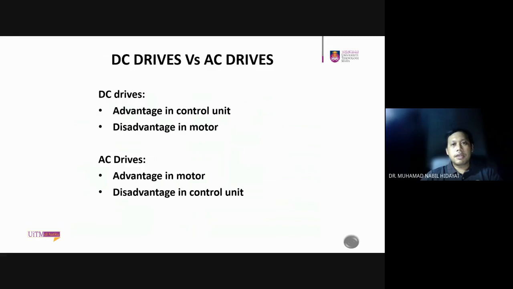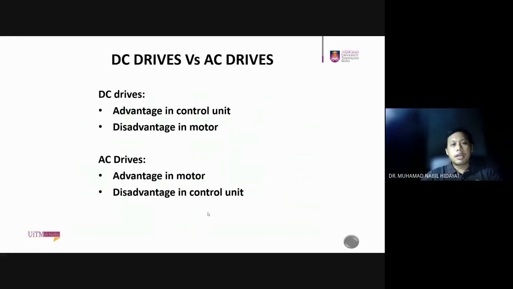DC drive and AC drive have advantages and disadvantages. For DC drive, you have the advantage on the control unit, which is simpler, but a disadvantage in the motor.